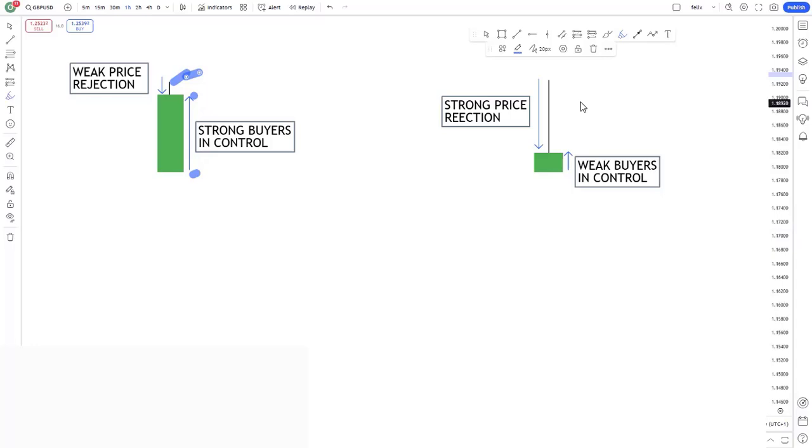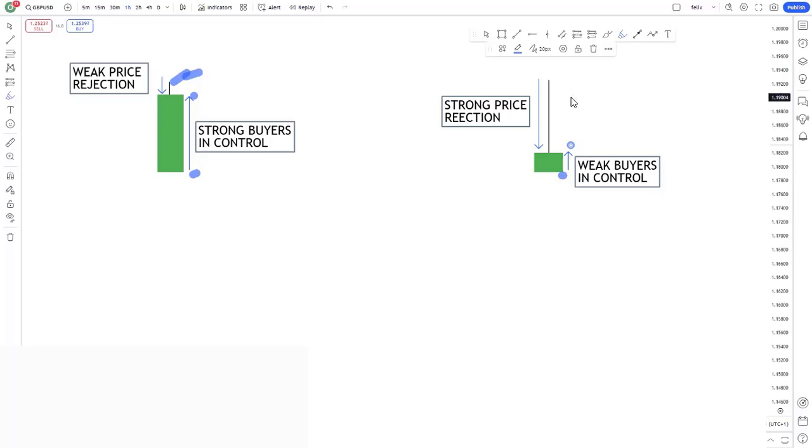So moving on to another example over here, you still have a body, but notice the body is much smaller compared to the wick. This is telling us that the market opens at this very low and closes at this level here. However, if you look at the wick, it is much longer compared to the size of the body. This tells you that there's a strong price rejection in the market.